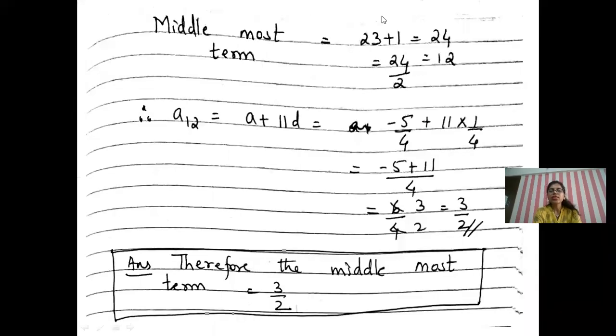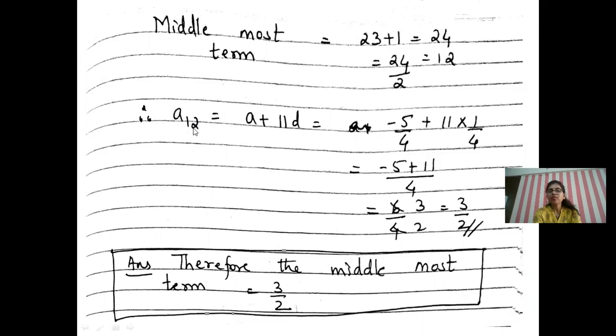Now you can see over here, this is an odd number. So in the next slide, when I want to find the middlemost term, I'll add 1 to this 23 and divide by 2. So you can see 23 plus 1 is equal to 24, and then I divided this 24 by 2 and got 12. So now I have to find the middlemost term by substituting the value of n as 12.